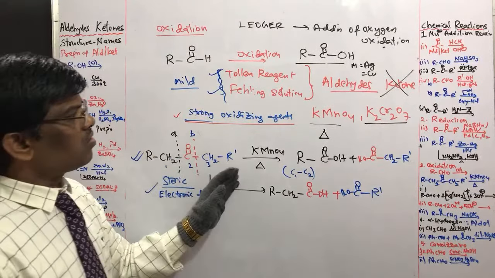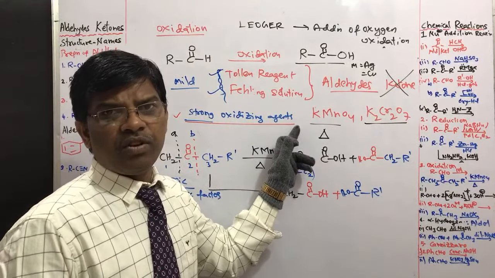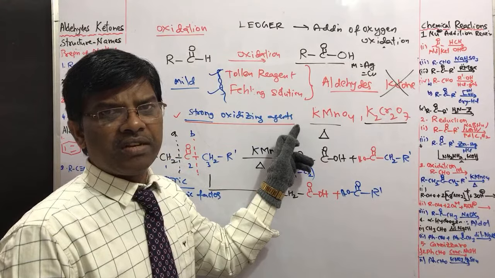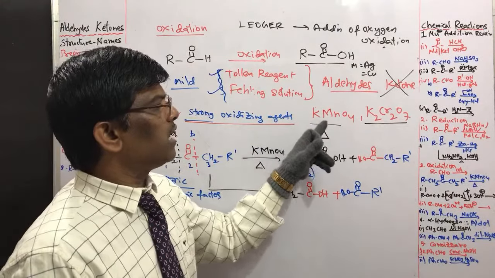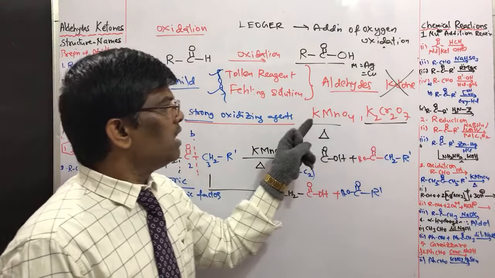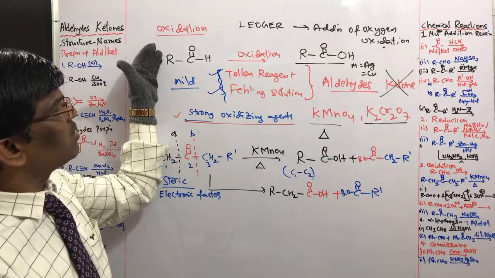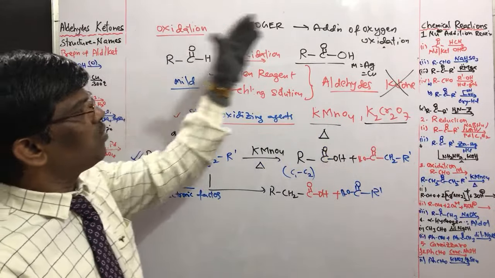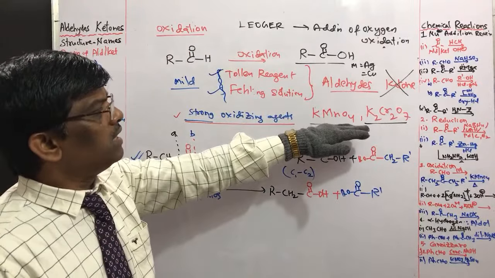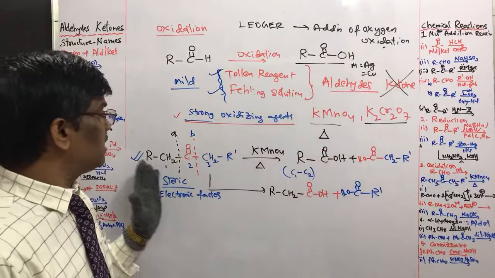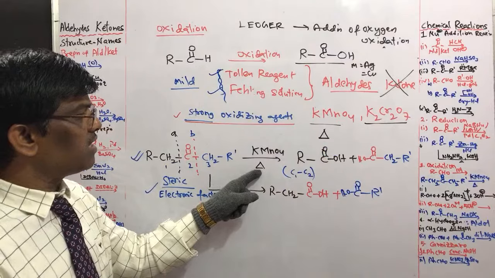We do not use HNO3; however, we come across KMnO4 and potassium dichromate. These strong reagents also oxidize aldehydes to carboxylic acids, but they are strong enough to oxidize ketones as well under heating conditions.